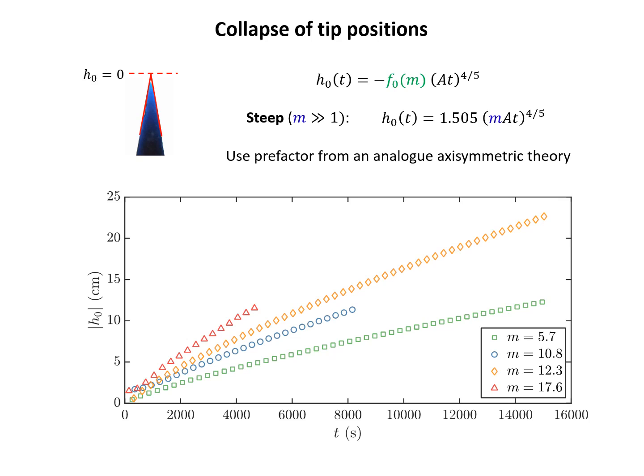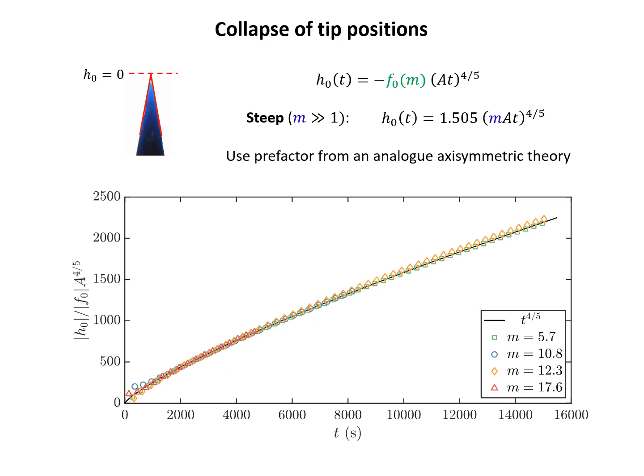First, we examined the collapse of tip positions. So the steep theory predicts that the motion of the tip should follow the form of a prefactor F0, which is predicted from the theory, multiplied by A times T to the power of 4/5. We use an analog axisymmetric theory, so it has a slightly different prefactor from the 2D theory.